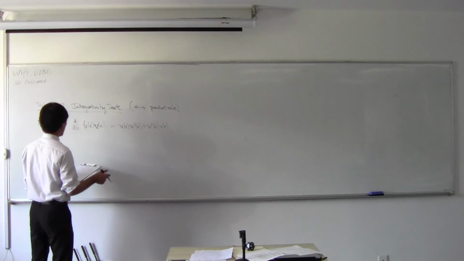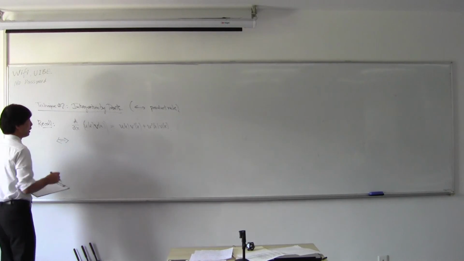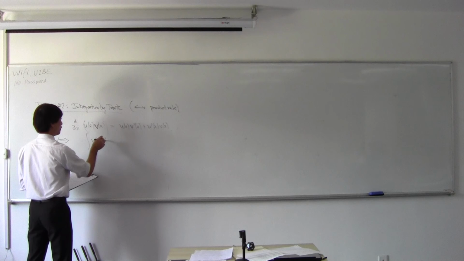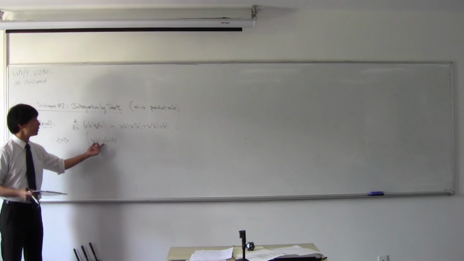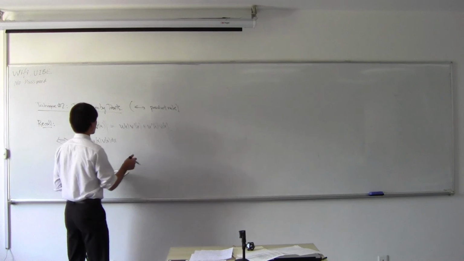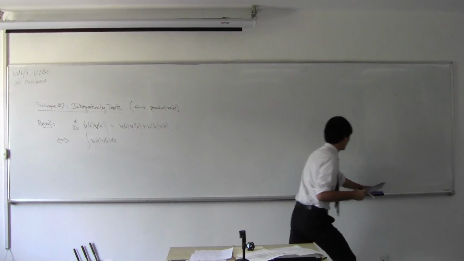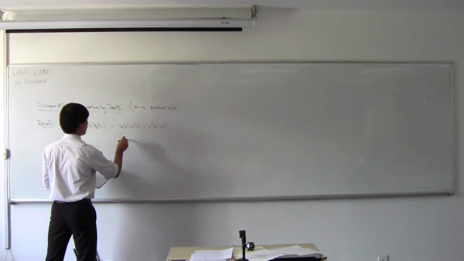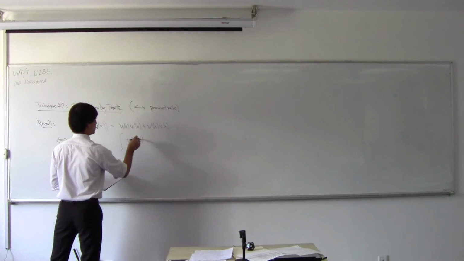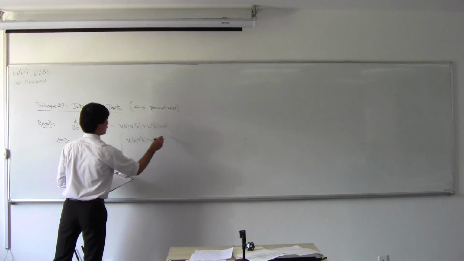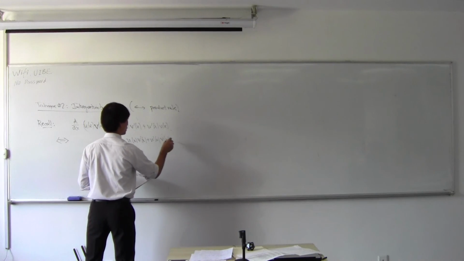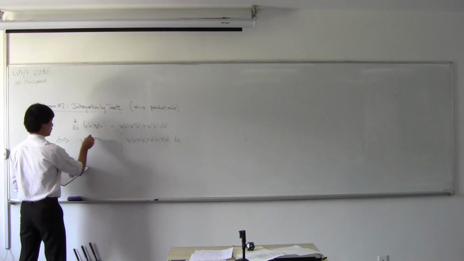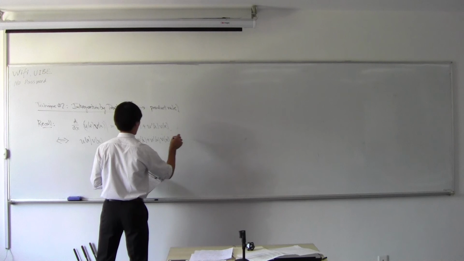So another way of saying that is that the antiderivative of u v' plus u' v is u v, plus a constant.